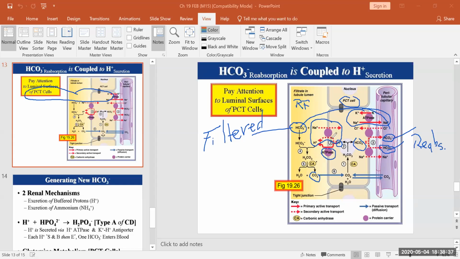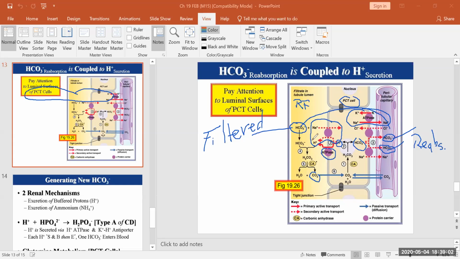So there are two ways for the proton to leave this PCT cell: by a primary active transport, the proton ATPase that pumps out only proton, or through a sodium proton symporter, co-transporter. No, sorry, I take that back, antiporter. Sodium gets in, proton gets out.